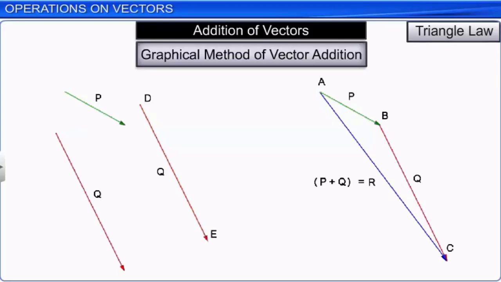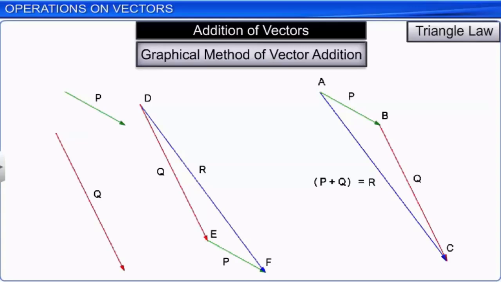Display an arrowhead at F on the line DF. DF is vector R obtained by adding Q and P. Here, vector R obtained by adding P and Q is the same as obtained by adding Q and P.